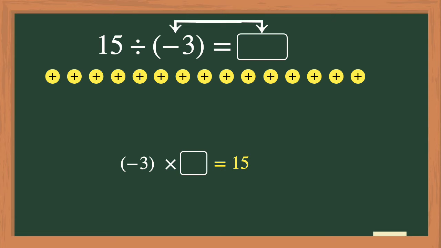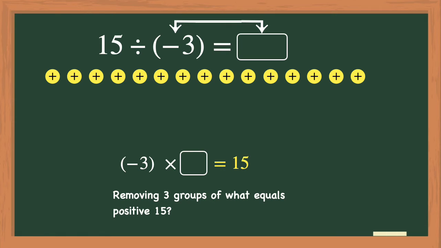We already have the 15 positive counters on the screen. And if you watched my previous video on multiplying negative numbers, you will recall that when the first term is negative, it means to remove. So basically, what we need to determine is removing 3 groups of what equals positive 15.